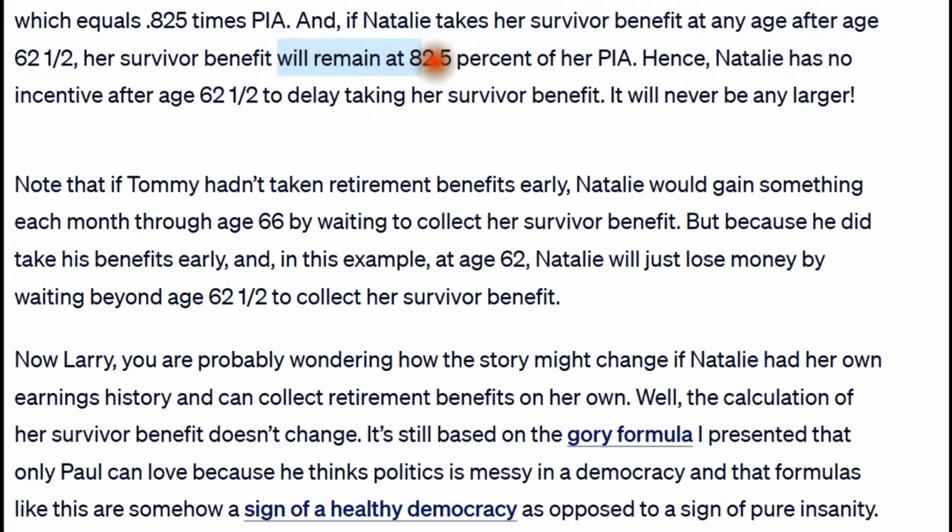And if you're not aware of that, you might be tempted to delay claiming longer than you should, thinking that the benefit will continue to increase until your full retirement age, but it might be done increasing by the time you're in your early 60s. So you'd be leaving money on the table if the survivor continues to delay.